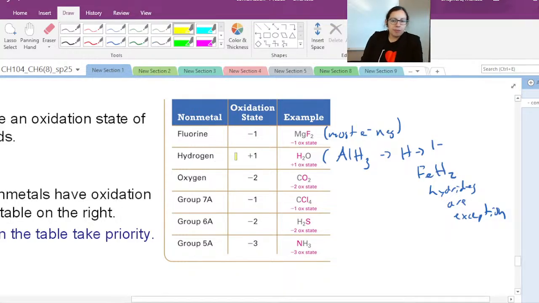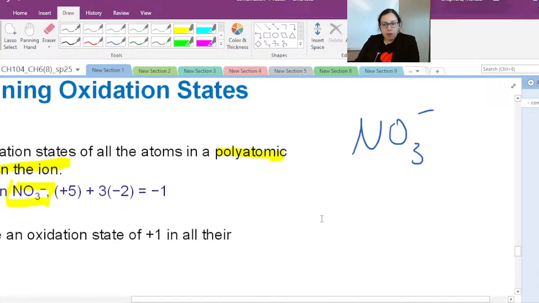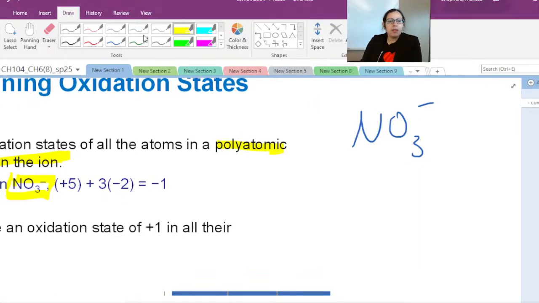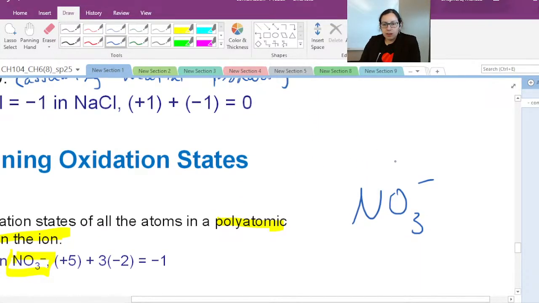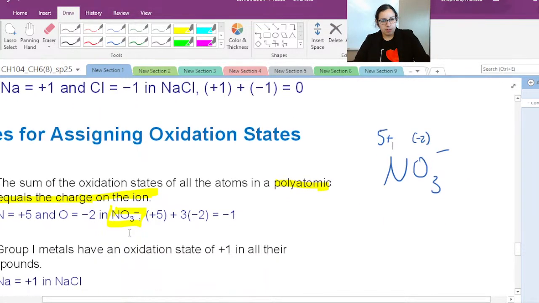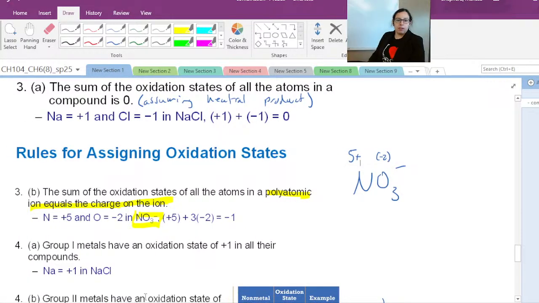Oxygen, like I said, is almost always -2, so we can base our compounds off of oxygen. Going back to our nitrate, we know oxygen is -2. -2 times 3 is -6. With an overall -1 charge, nitrogen is formally 5+ there. And that helps us.